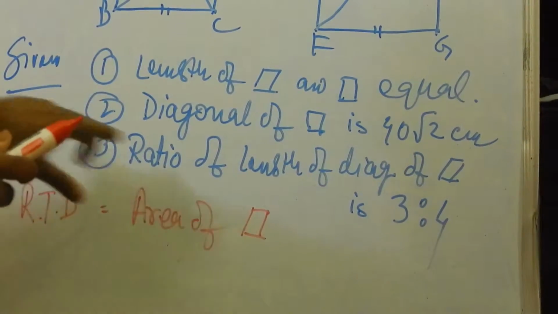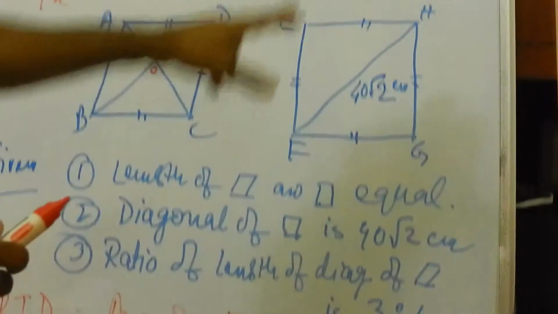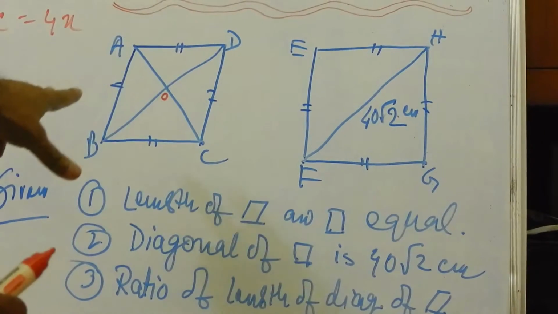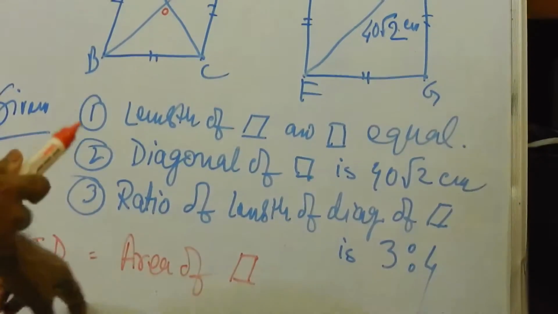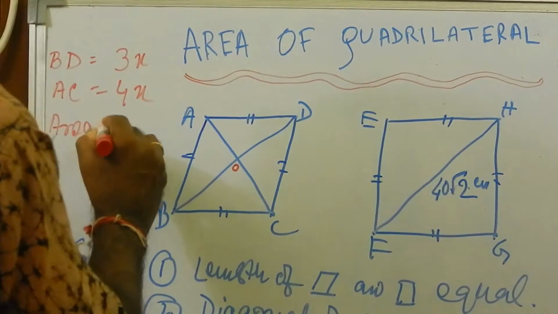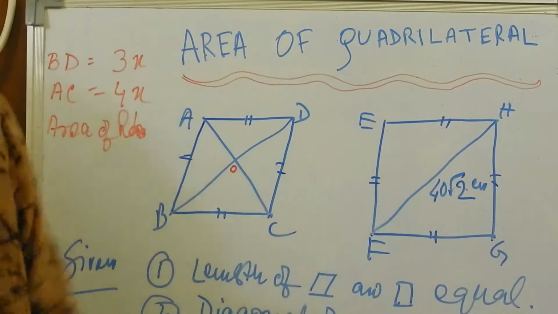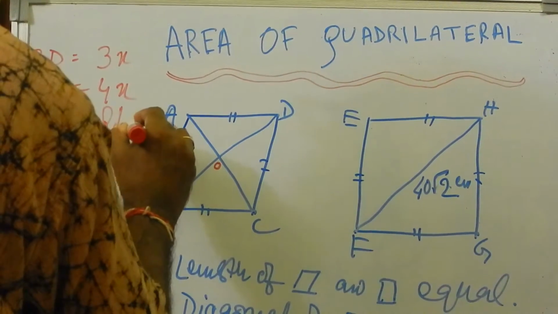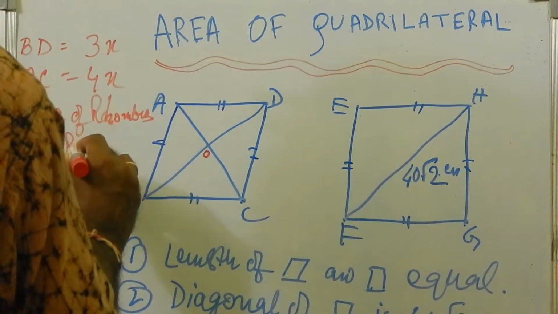Clues are 1, 2, 3, as I told you. The sides of the square and the rhombus are equal. The diagonal of the square is 40√2, and the ratio of the lengths of the two diagonals of the rhombus is 3:4. We have to find the area of the rhombus, and the area of a rhombus, as you know, is half into the product of diagonals.